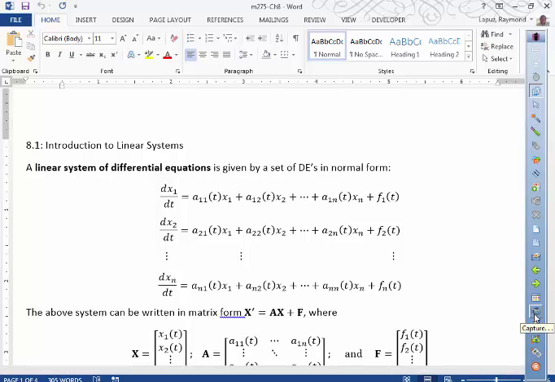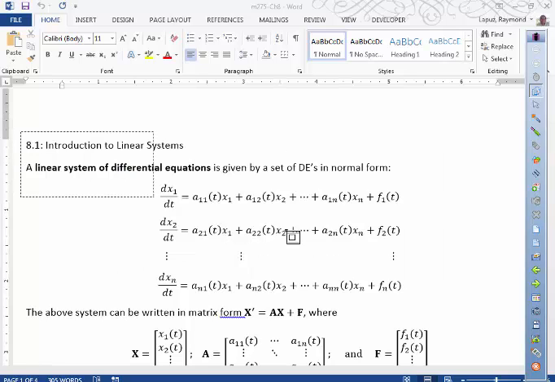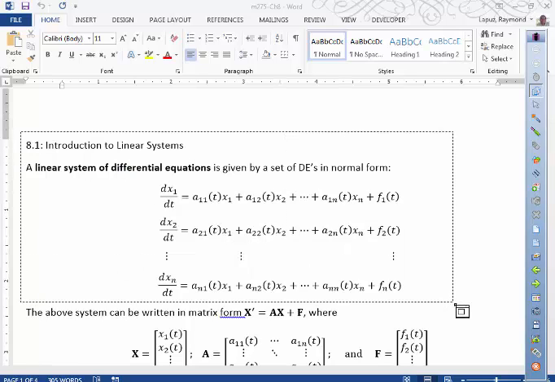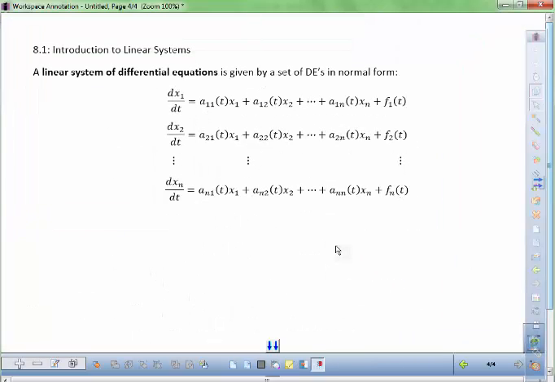So we're going to be dealing with matrices. And this is, I guess, kind of a little abstract right now.